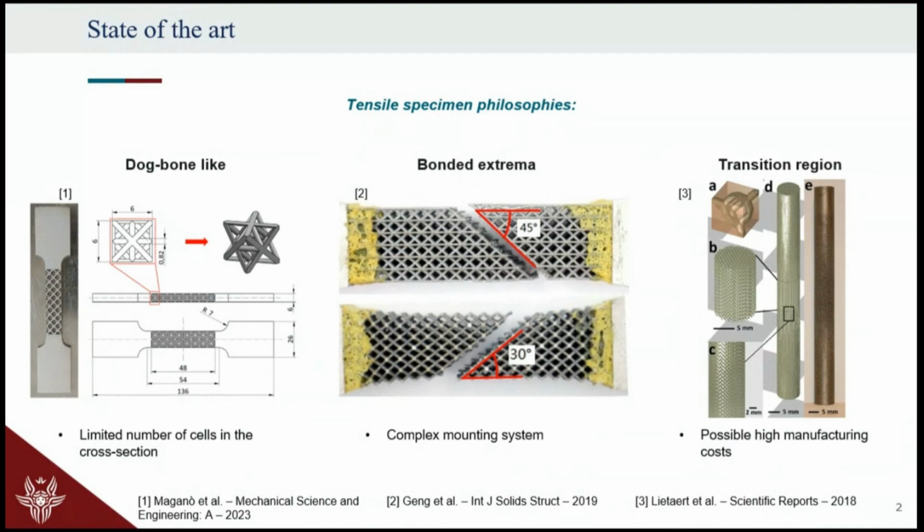Therefore, there are some design philosophies you can follow for tensile specimens. The first one I'm going to show is the dog bone specimen. This resembles quite closely a dog bone for classical materials, but here we have a metamaterial, something porous. This has very clear advantages.